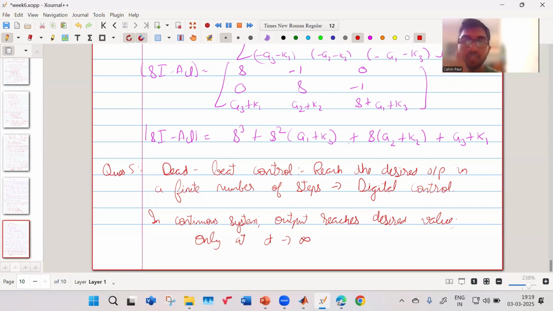Once it has reached plus or minus 2%, we say it has reached. But only as t tends to infinity do we say that your output has actually reached steady state. Right? Any doubts in this? No, sir. Okay, so this is what happens in continuous time systems.